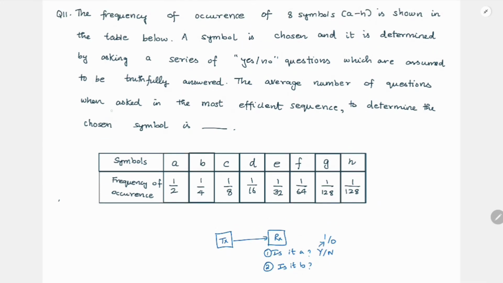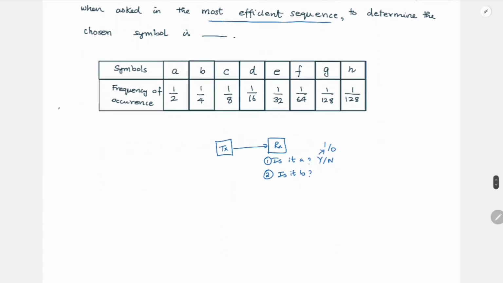The average number of questions when asked in the most efficient sequence. So this is the keyword. To determine the chosen symbol is dash. So we need to find the average number of questions when asked in the most efficient sequence. So what will be the most efficient way to ask these questions? To see it intuitively also, whichever has the most probability of occurrence, your A will be occurring most of the time.